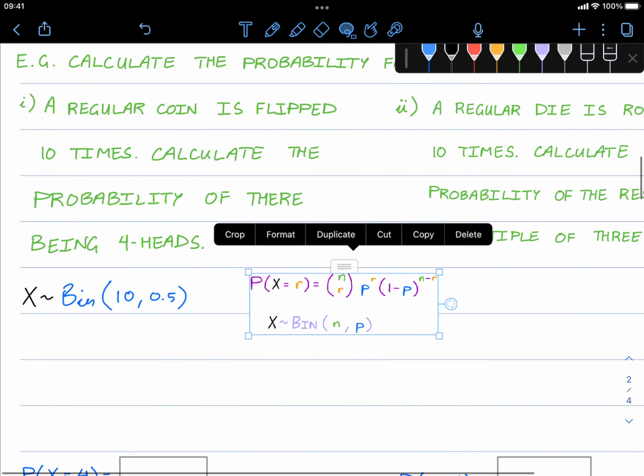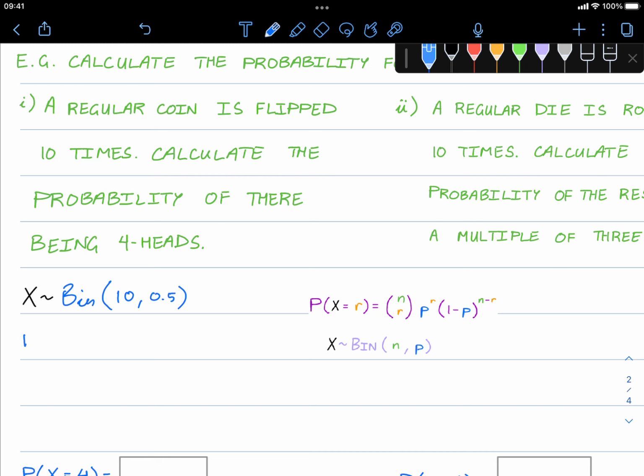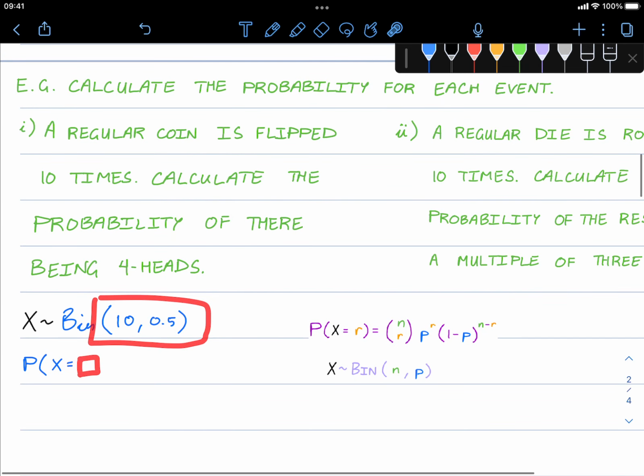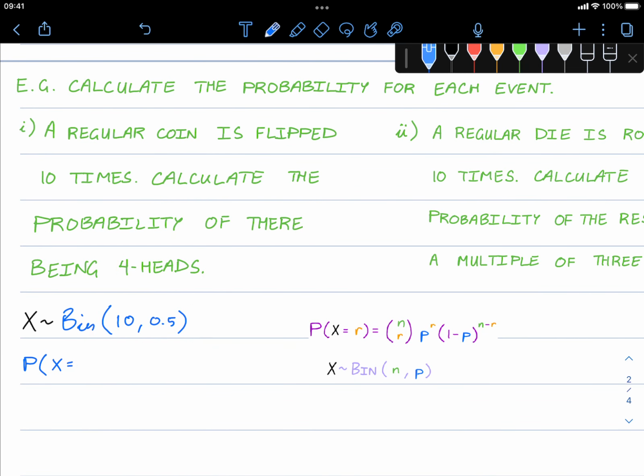Now from here, we are calculating the probability of X, where X is this binomial distribution. How many successes do we want? Well, in this case, it says 4.